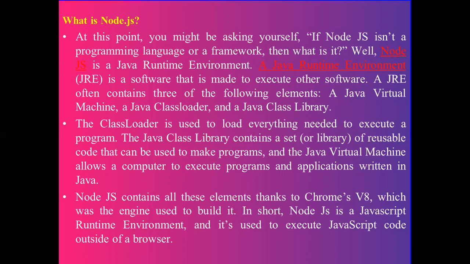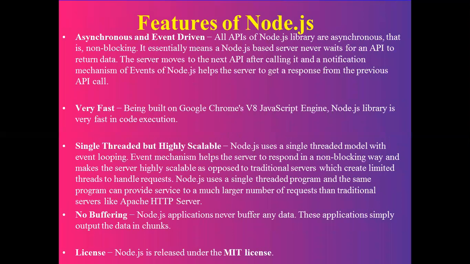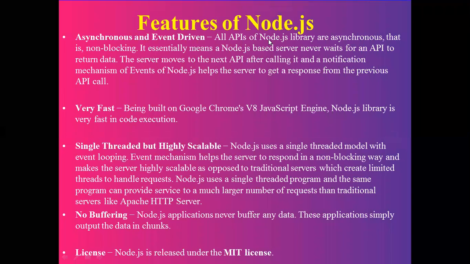Sorry. So next is the features of Node.js. There are five features of Node.js. The first is that it is asynchronous and event driven. All APIs, application programming interfaces, of the Node.js library are asynchronous, that is, non-blocking.